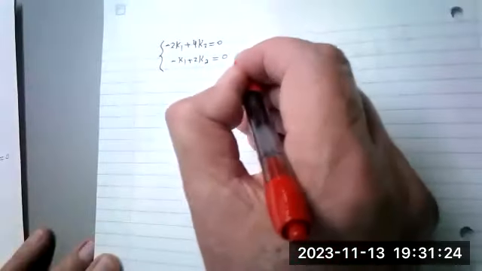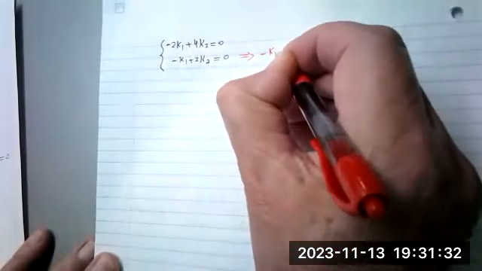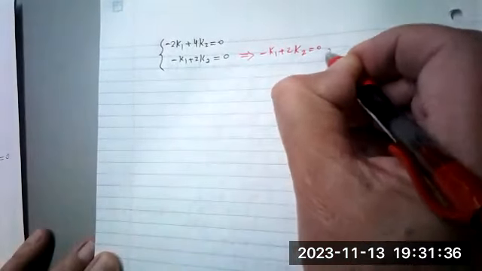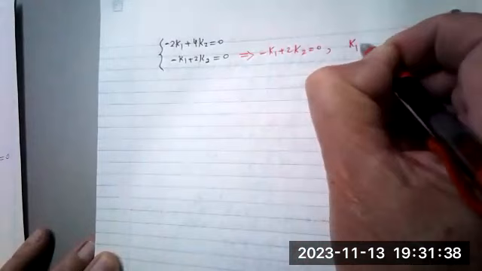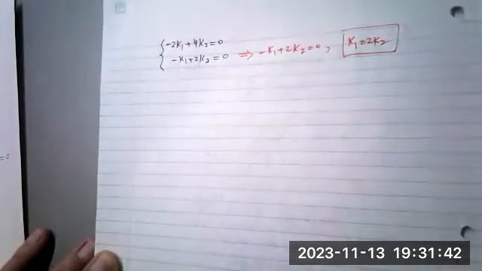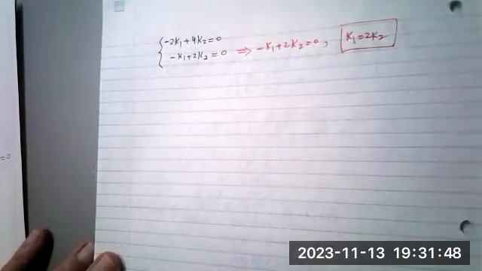So the system is dependent. I consider the second one: -K1 plus 2 K2 equal to 0. Solving for K1, K1 would be equal to 2 K2. The system gives you infinitely many solutions and you need only one of them, so you pick anything you like for K2 to get one solution.